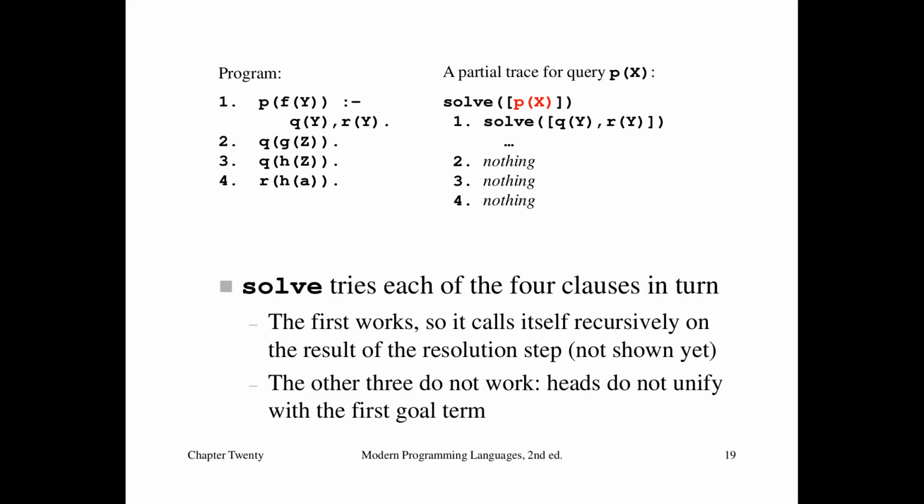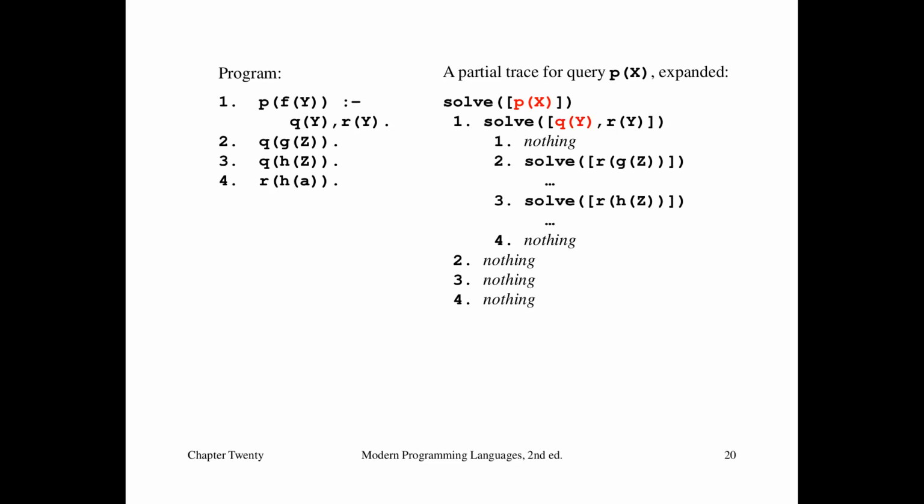Then we start breaking this down, and go back and look at the four different possibilities, and we see that it doesn't match. Q of y only matches 2 and 3, which is why we see a solve there. It's going to try to solve those, passing in R of g of z or R of h of z, depending on what we have for our Q.